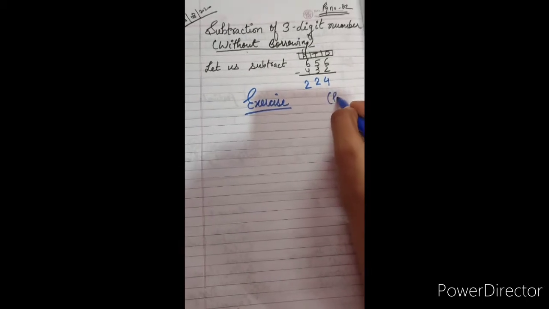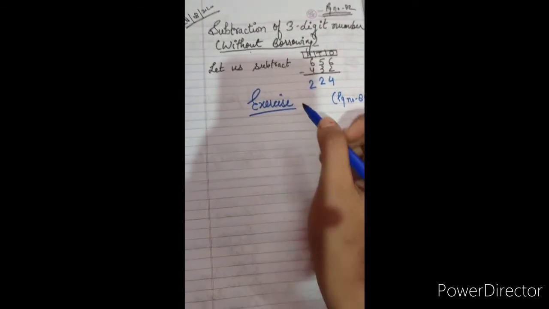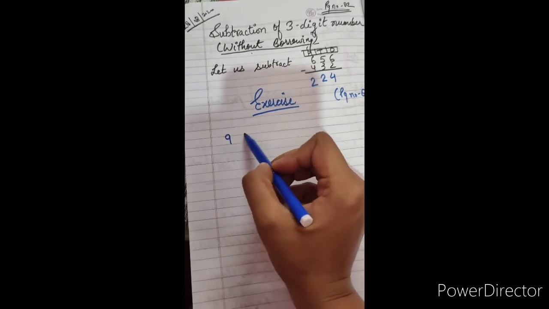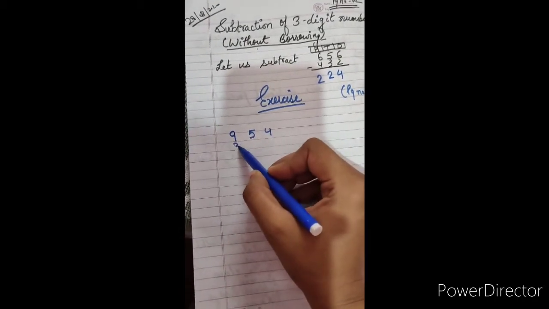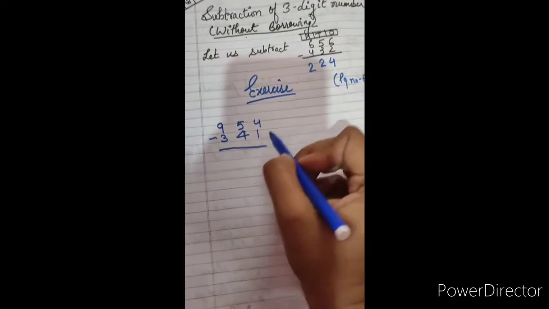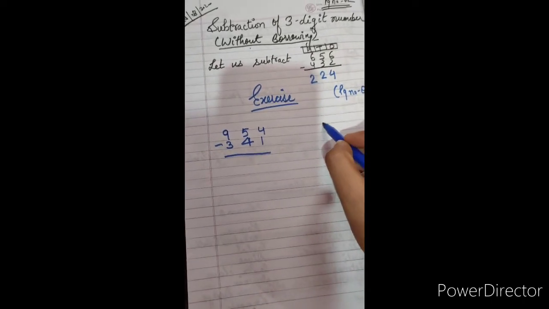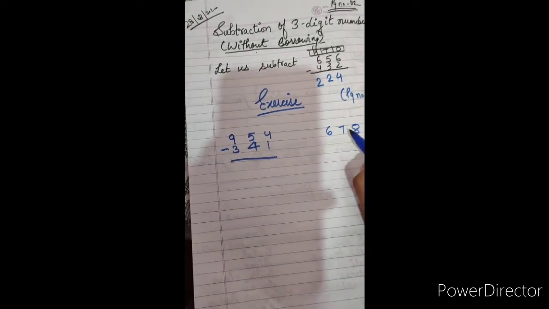So this is page number 83. So let's continue. 954 minus 341. And second question is 678 minus 536.